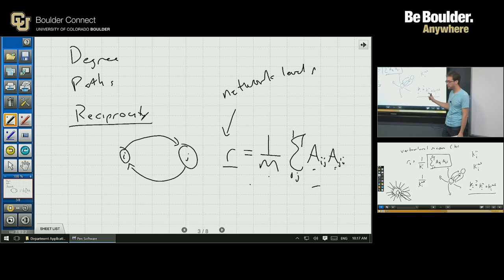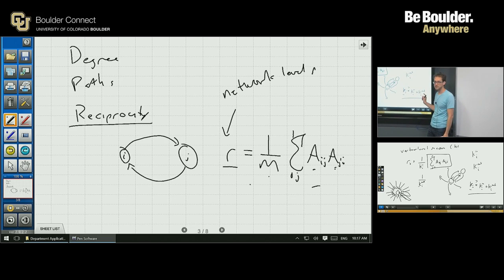I take everything that goes in, everything that goes out, and I ignore the directionality. I allow multiple connections, and so therefore my undirected multigraph degree is just the sum of these 2 things. But if I force myself back into a simple graph, then anything that's reciprocated is an overcounting, because an edge that points from i to j is reciprocated by an edge that points from j to i.